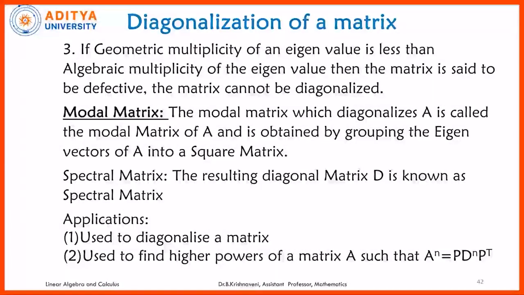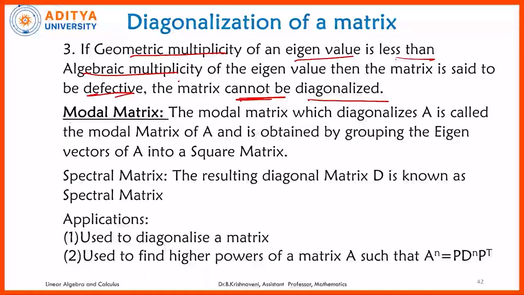In other words, we can check the geometric multiplicity and algebraic multiplicity of an eigenvalue. If the geometric multiplicity of an eigenvalue is less than its algebraic multiplicity, then the matrix is said to be defective. In such a case, the matrix cannot be diagonalized.